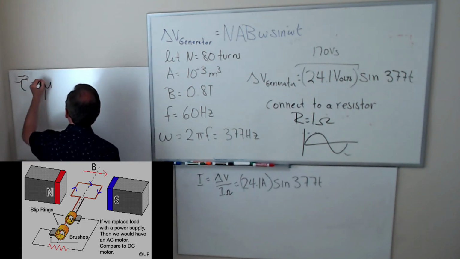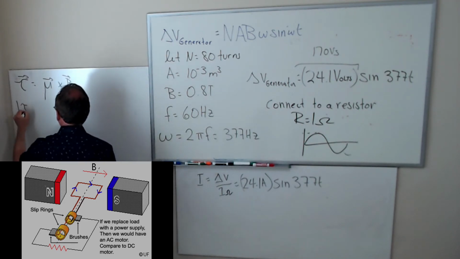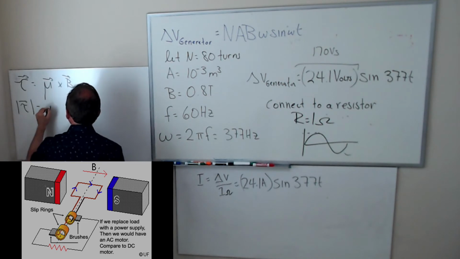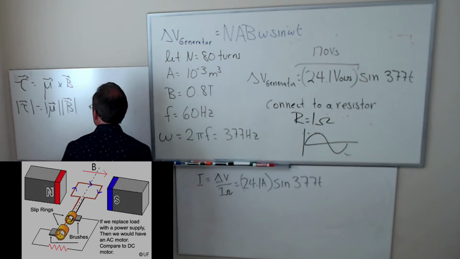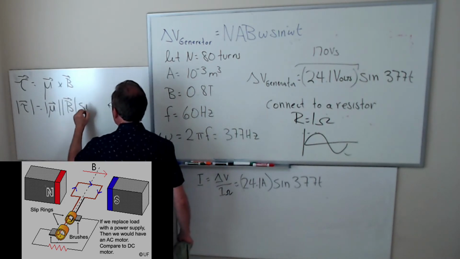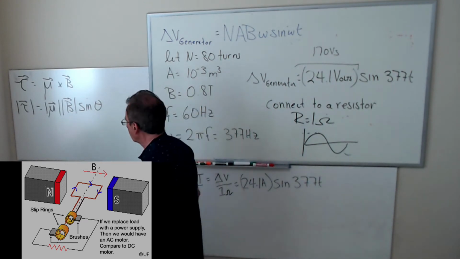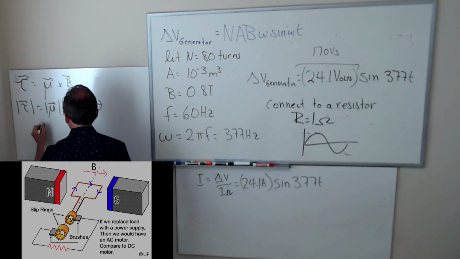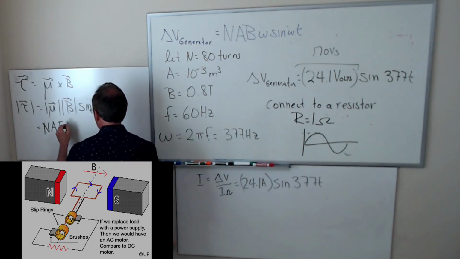Torque is mu cross B. The magnitude of the torque then is the magnitude of mu times the magnitude of B times the sine of the angle between them. Well, mu is N A I. B is the magnetic field.